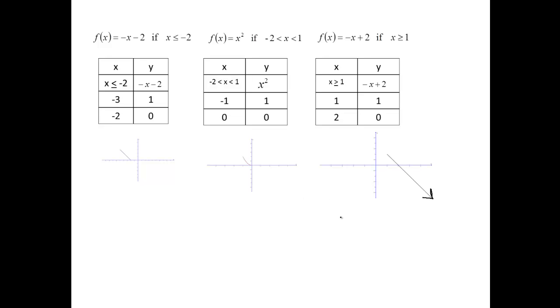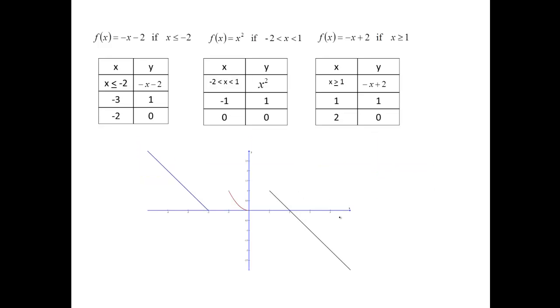Now, if we were to put all three of these pieces together, we would have this now. So our piecewise defined function graphed on one set of axes would look like this. And again, in between where x is minus 2 and x is minus 1, and another gap between where x is 0 and x is 1.